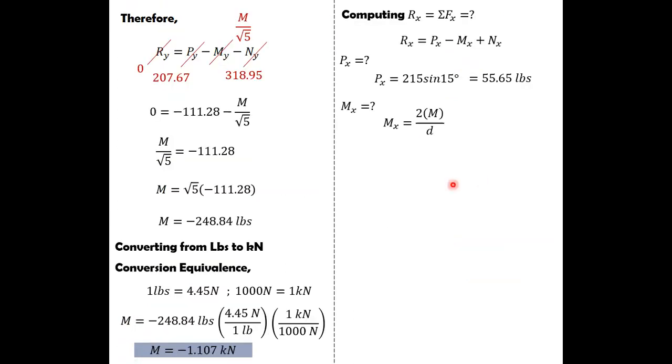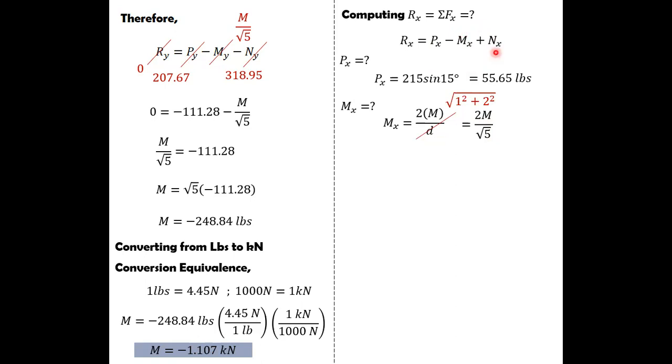So that is equivalent to 2M over square root of 5. Wag na natin munang i-substitute yung M despite the fact that we have already the magnitude. Mamaya na lang. Ang gawin na muna natin, kunin na muna natin lahat ng expressions ng tatlong terms.